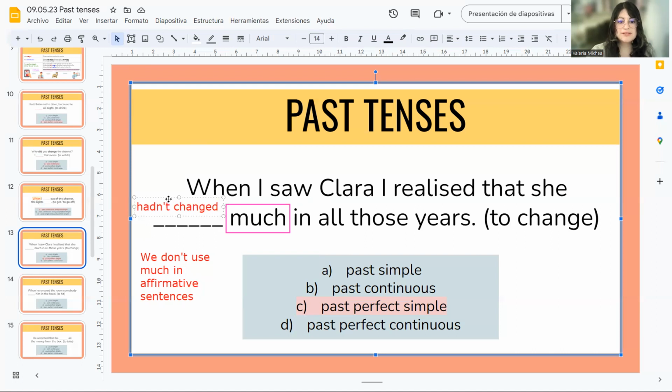All right, so this is also a matter of remembering past rules that we learned somewhere in the past. So much for negative sentences only. She hadn't changed much all these years. All right, questions about this one?